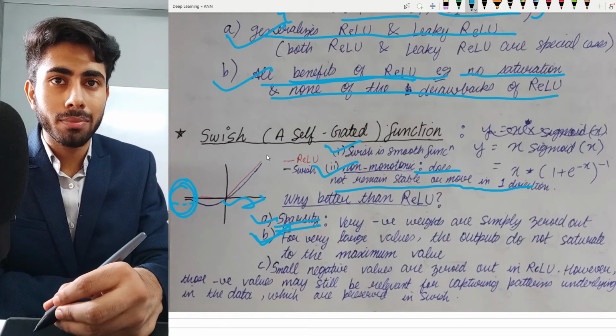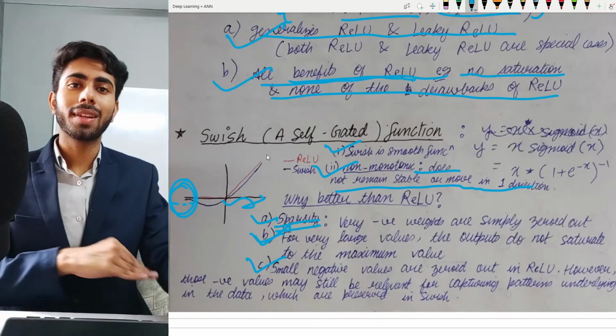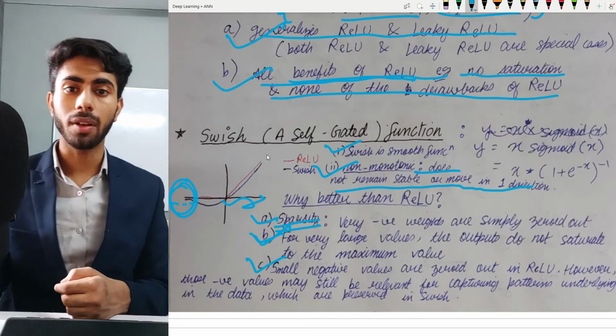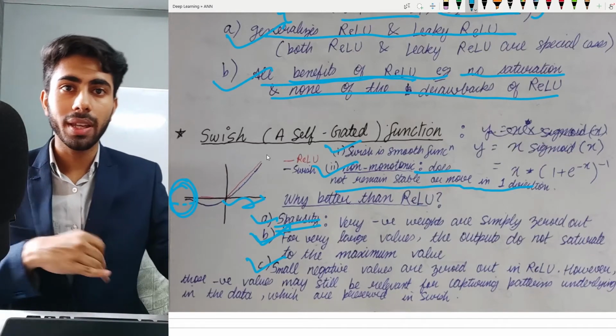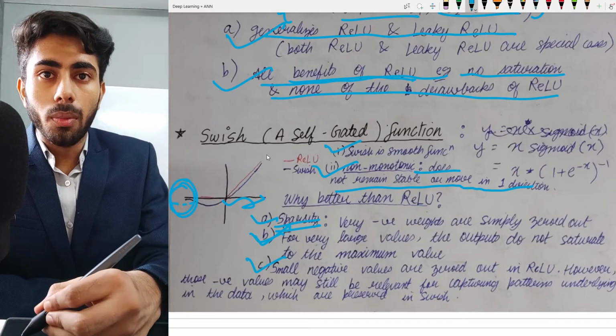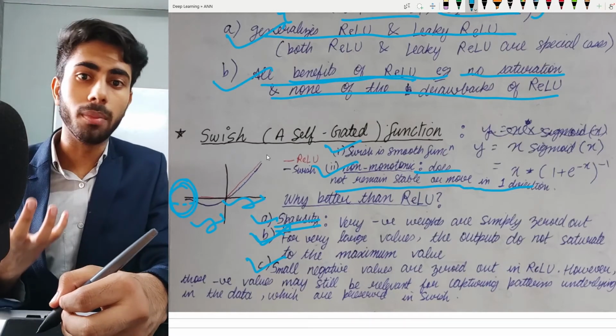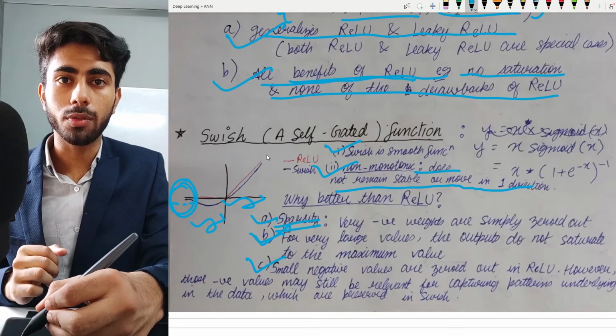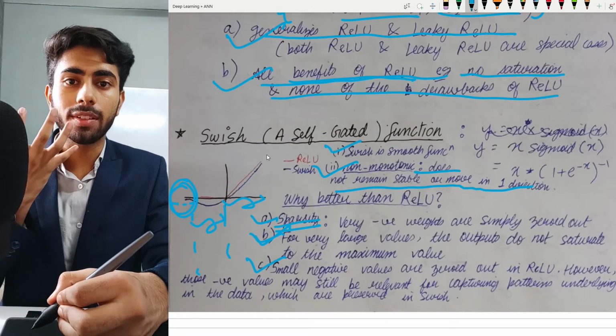The third advantage is that ReLU was facing the dying ReLU problem. That is, for negative values, the output was 0. But here, for small negative values, you will get some output. Extremely large negative values will be zeroed out, but for small negative values, for example this section of the graph, you will get some output.